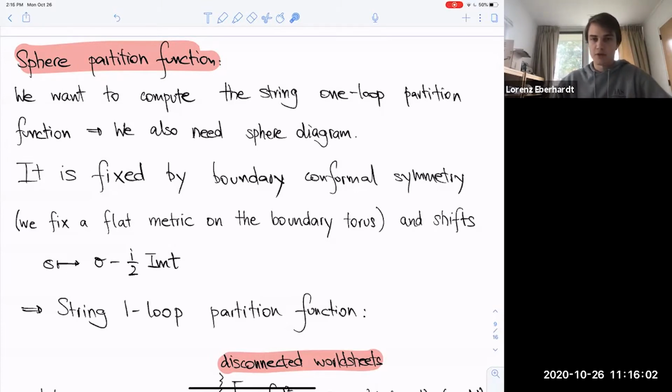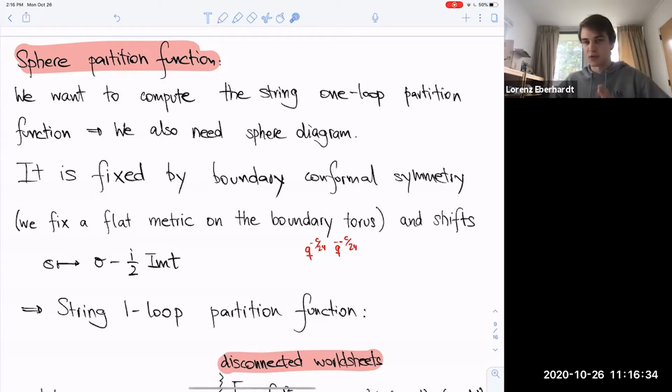I'm not aware of anyone making this very precise, how you can compute this actually from a worksheet. However, if you just assume the boundary to be a flat torus, then it's just fixed by boundary conformal symmetry. So that's what I will do. So let's just assume the boundary has conformal symmetry and we are on the flat torus. Then, if you compute some partition function in 2D CFT, you just put this factor in there. And that's what the sphere partition function should account for because that comes from the conformal anomaly. So I just put this factor by half.